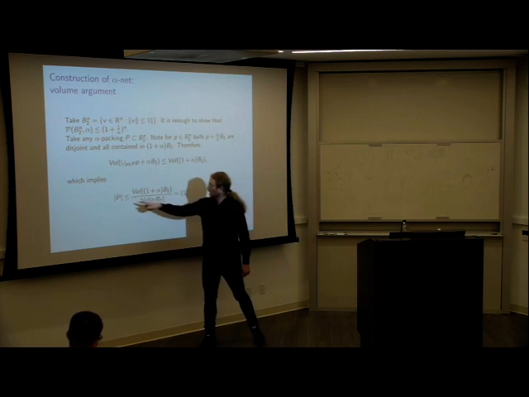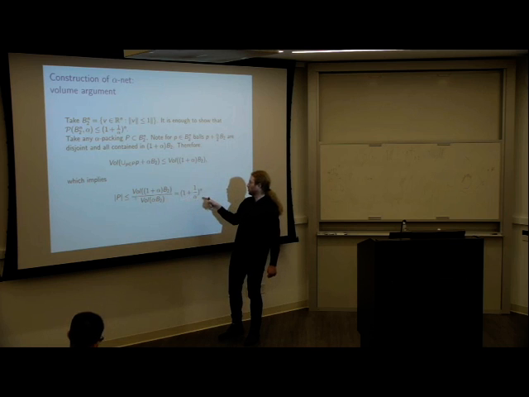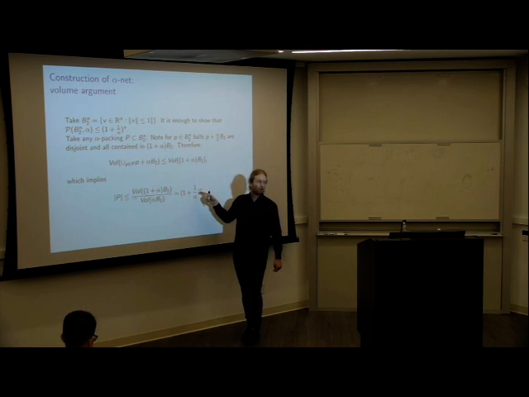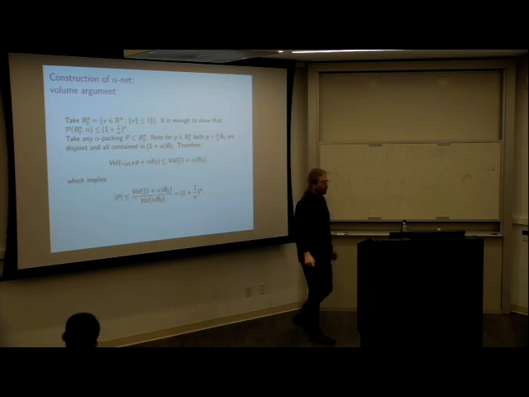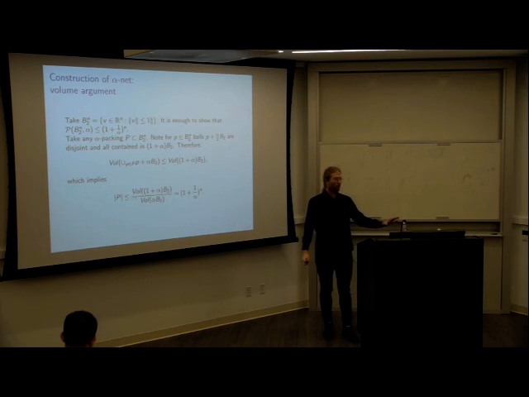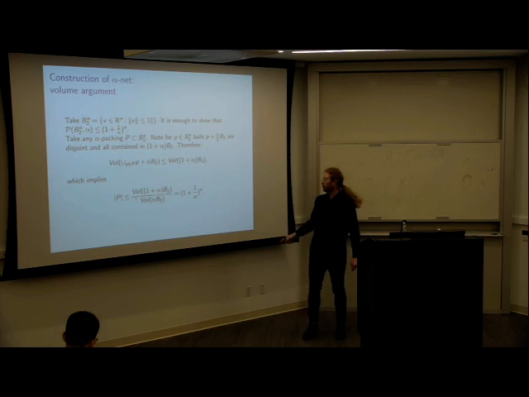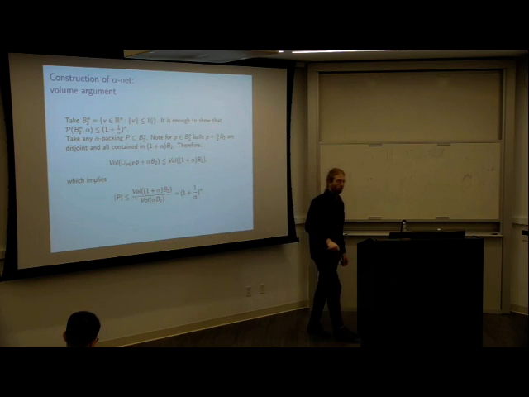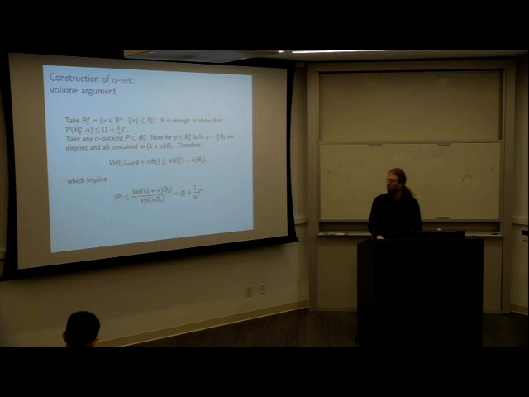So we know that any packing couldn't possibly be larger than this (1 plus 1 over alpha) to the n. And this implies that there exists a covering which uses only as few balls. Okay, so that's it for this step. Any questions here?